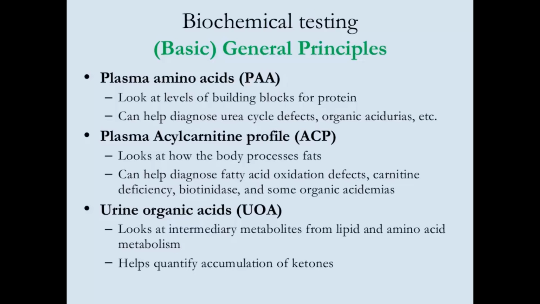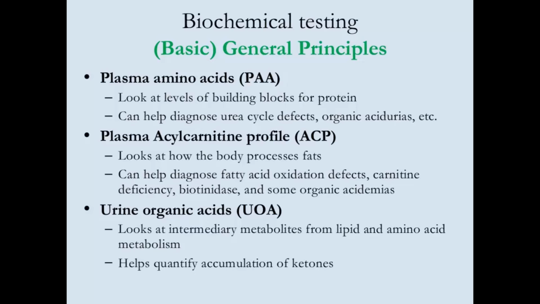Plasma acyl-carnitine profiles are also a commonly ordered test. This is really the test to look at the fats in the body. They are reported out in terms of length of carbon species of the fatty acids. And so when you see a report, it'll give you levels of C0, C2, C6, C8, C10, that kind of thing.